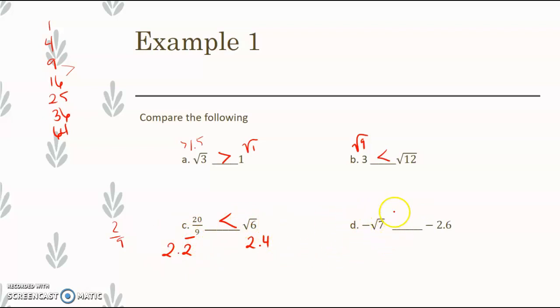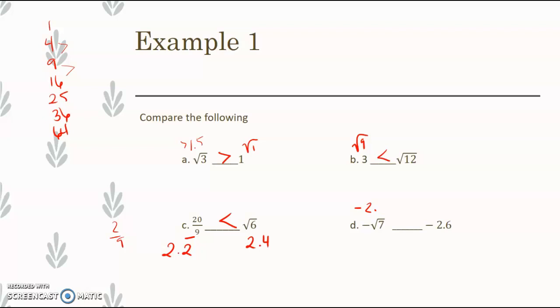Alright, now we've got negatives, so we've got to be careful. 7 is between 4 and 9, and it is closer to 9 than it is to 4. So we know that this is going to be a negative 2.5 something, right? Well, probably bigger than that, because 6 was 2.4.